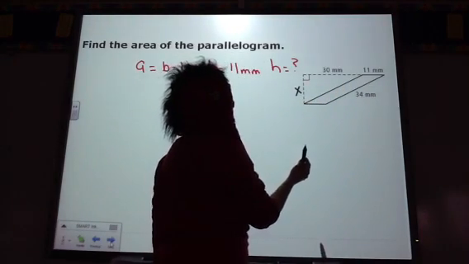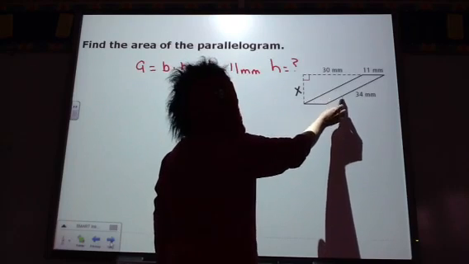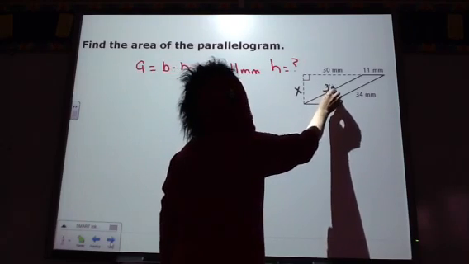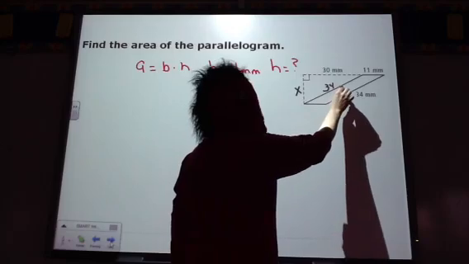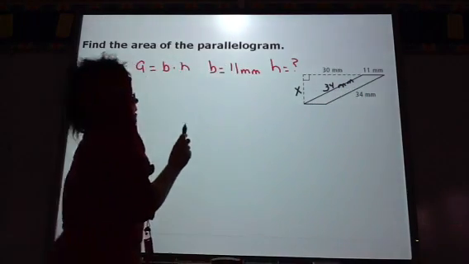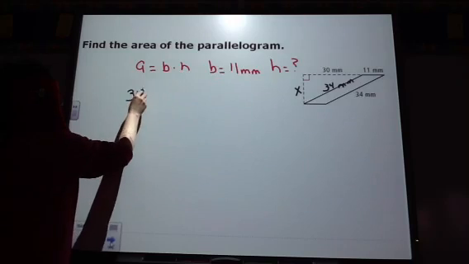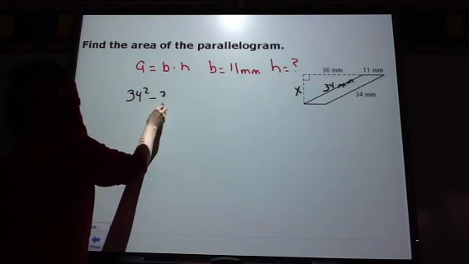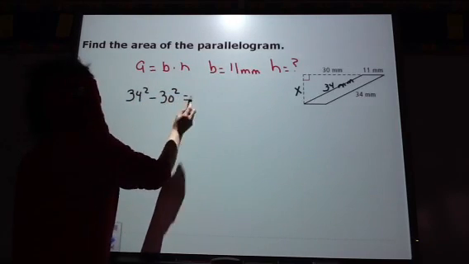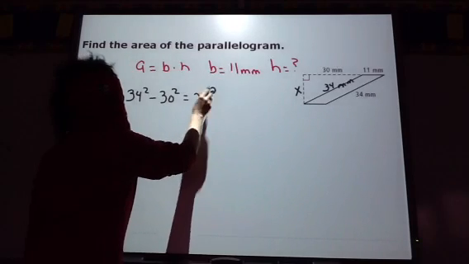Well, by the definition of a parallelogram, the parallel sides are congruent. So this side right here is also 34 millimeters. So what we can do is use the Pythagorean theorem and take your hypotenuse and square it and subtract one of the legs squared to find the second leg.